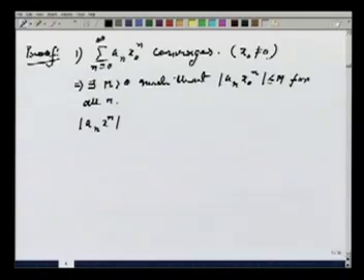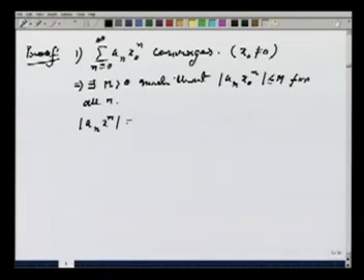Because if x naught is equal to 0, then mod x is less than modulus of x naught, means x is also 0. Then the power series obviously converges. So the point is, if x naught is non-zero, then what happens? So I look at a n x to the power n. I write this as modulus of a n x naught to the power n into x by x naught whole to the power n.